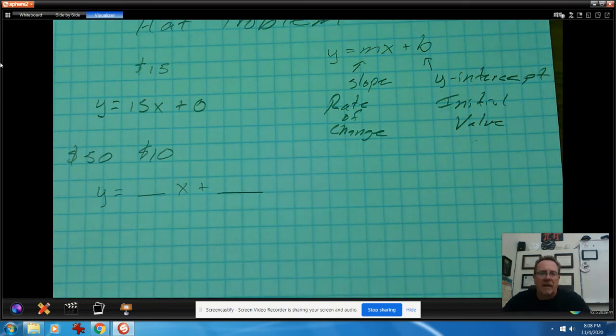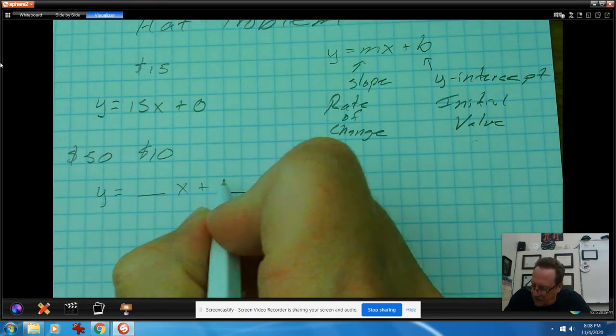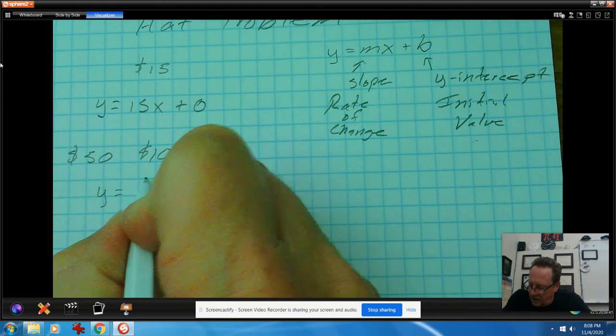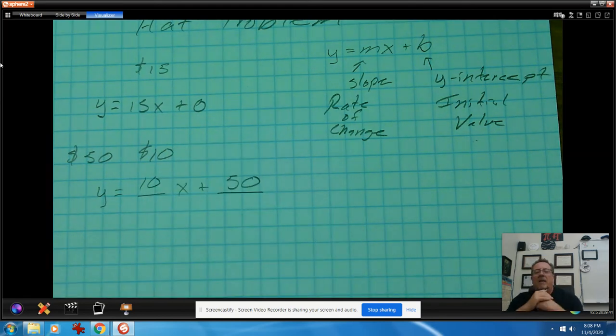Remember, we were doing that in the last chapter with our initial value here as 50. They're going to charge us $50 before we even start, just to set things up. And then they're going to charge us $10 per hat. So the question becomes, I wonder which one I should go with.